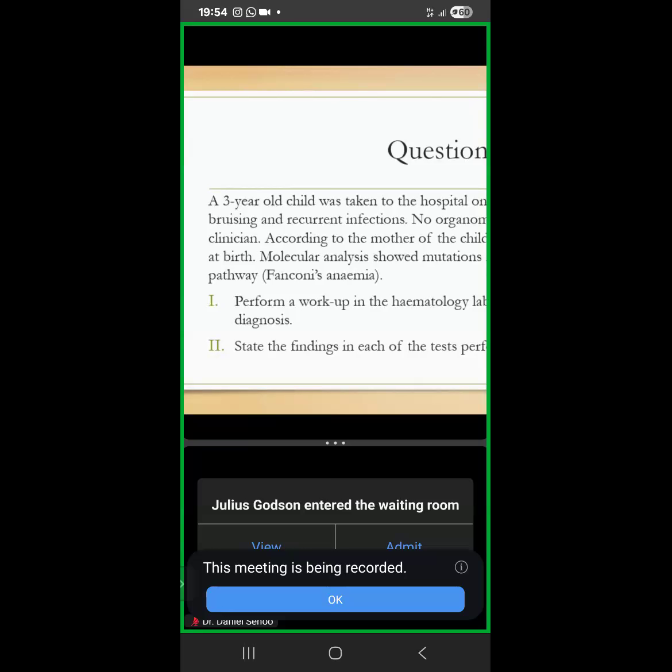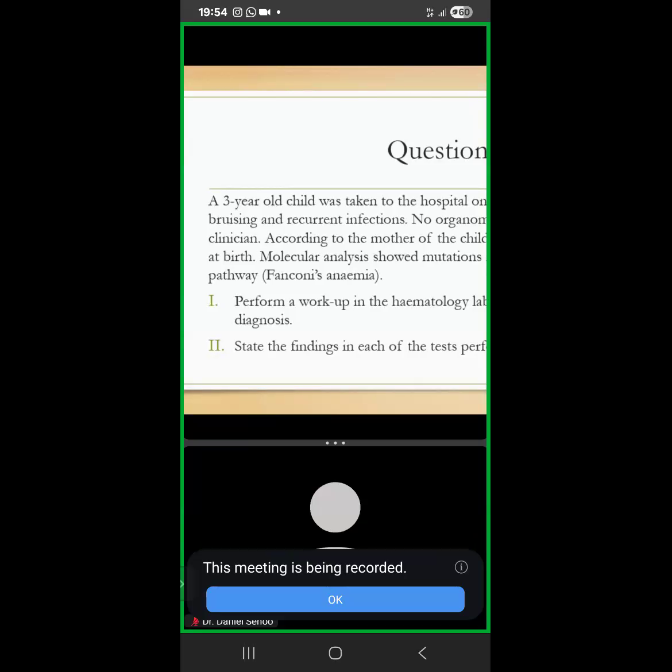A 3-year-old child was taken to the hospital on account of anemia, easy bruising, and recurrent infections. No organomegaly was detected by the clinician. According to the mother of the child, this situation had been present at birth.